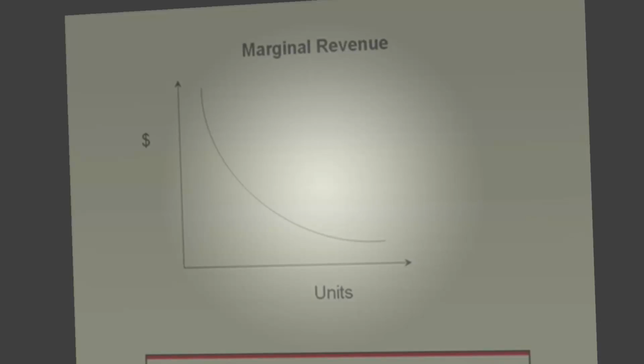Why does it decrease? Because every time you sell more units, you got to work harder. Maybe you got to promote the product more. You got to offer higher discounts. So as you try to keep selling more units, the incremental or additional revenue decreases.